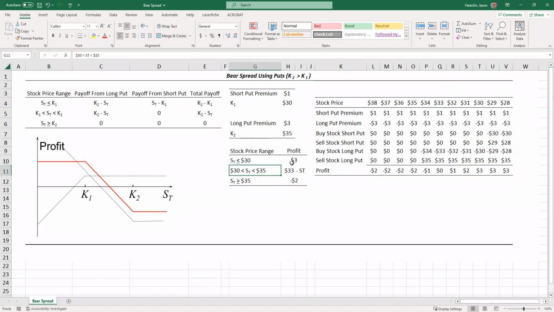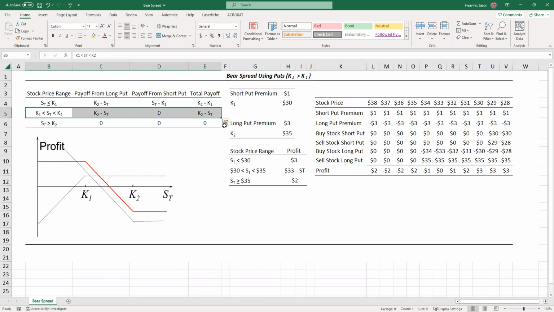All right, so what happens if the stock price is between 30 and 35, but not equal to them? So we're talking about this range here. The way you do it is, this will be the declining red line. When that happens, that's the same as this piece here. We start with K2.